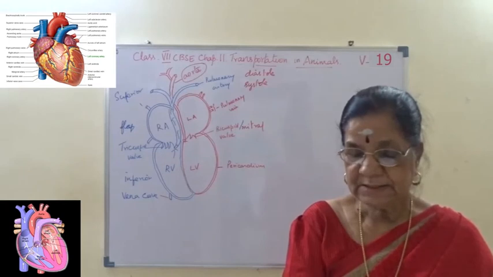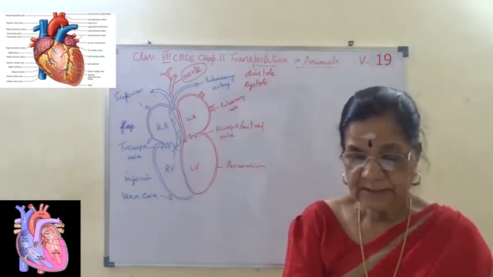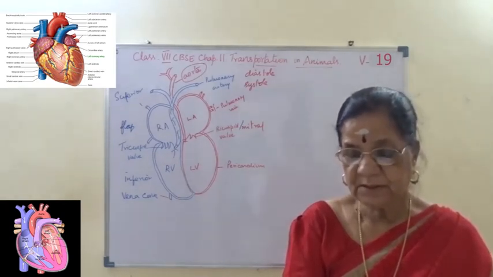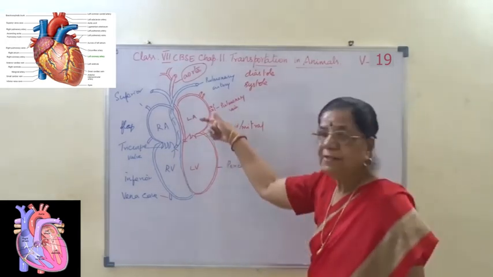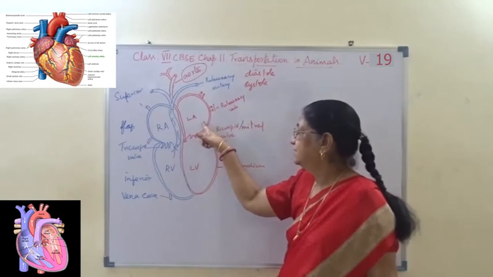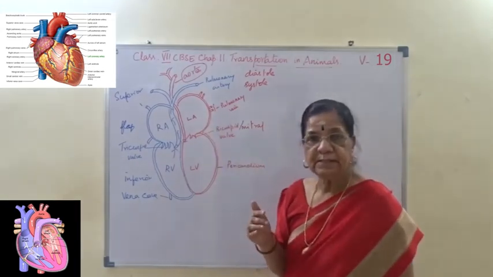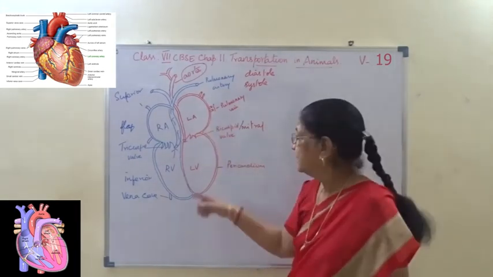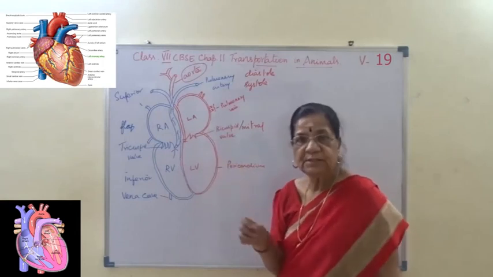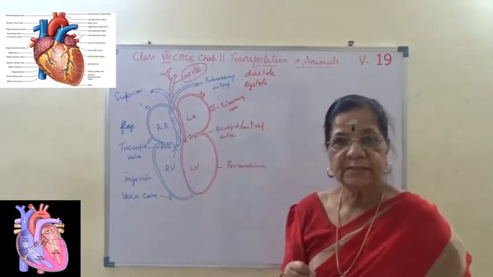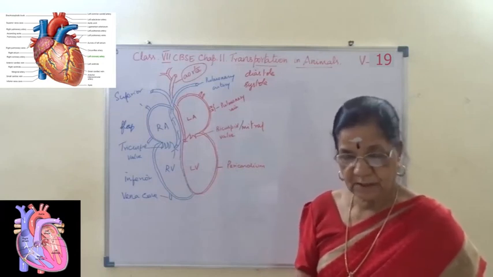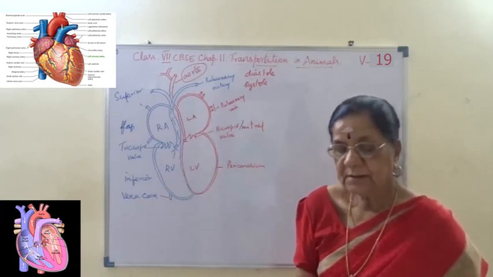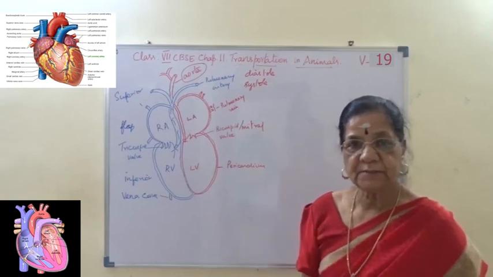Then there is another question. There is a muscular wall between the right and left side of the heart.